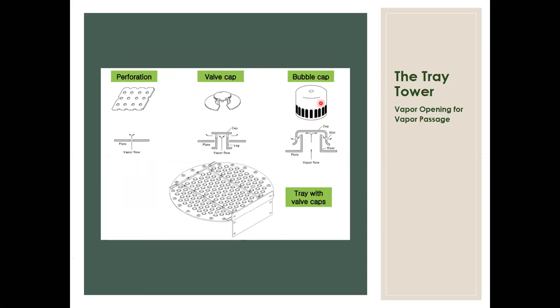The bubble cup, you will see later what's its difference in terms of operation as compared to the valve cup. And these are your tray with valve cups already. So the openings in our tray can either be any of these three. Okay, so in the case of the tray tower, and these are the different valve openings for the tray tower.